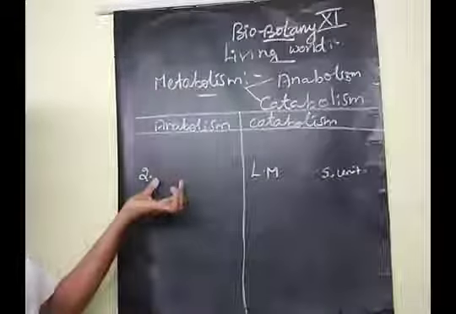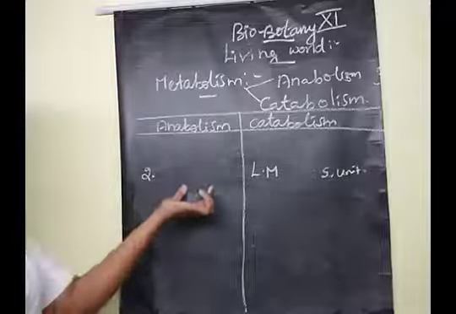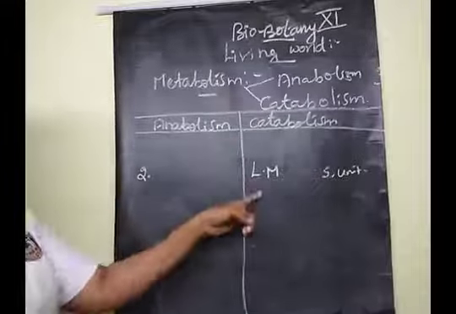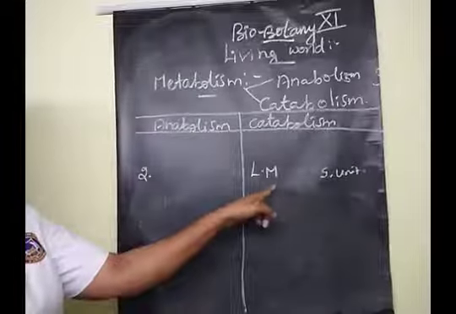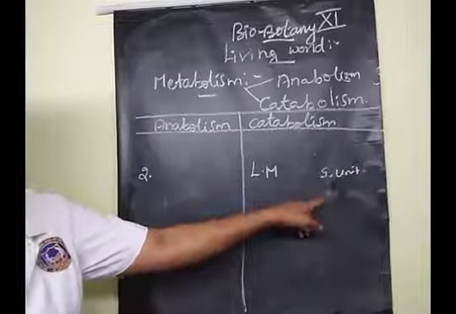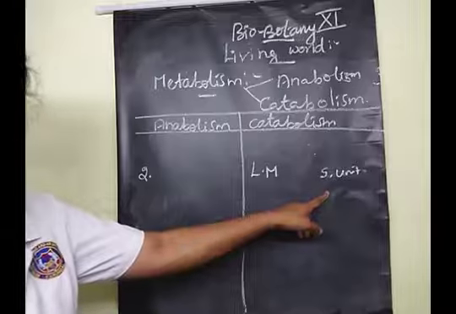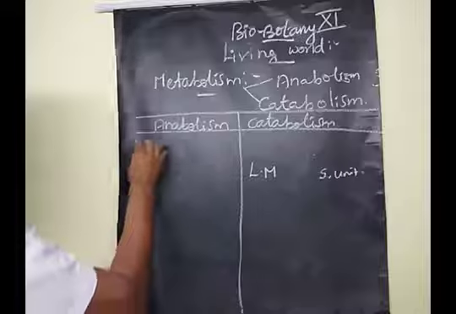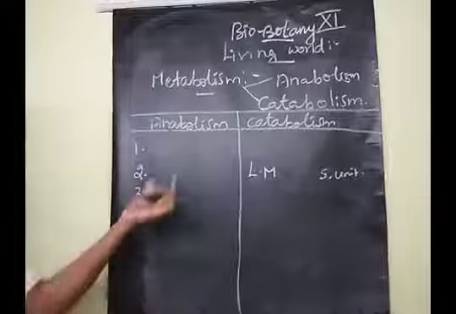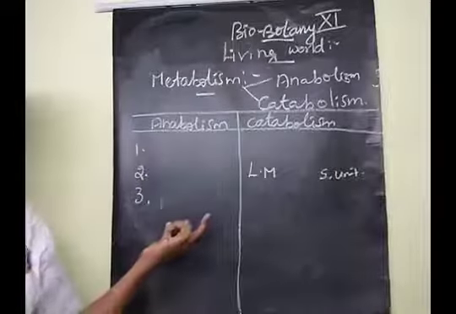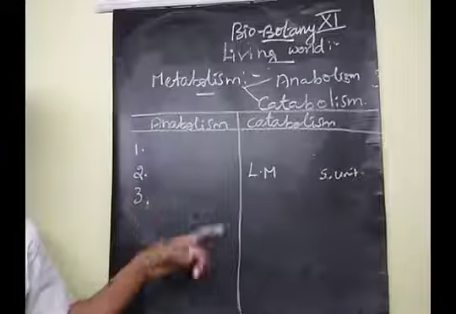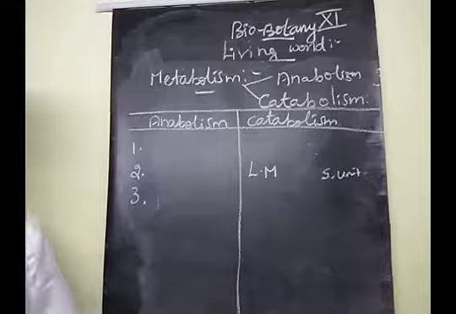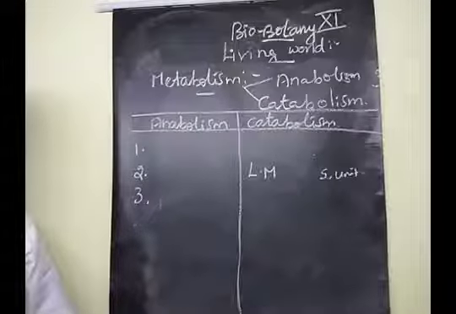In the catabolism process, the larger molecules break down into single units or smaller units. Understood? Yes. Then the third difference between anabolism and catabolism: here chemical energy is stored. Do you know some chemical energies? Can you say some chemical energies?